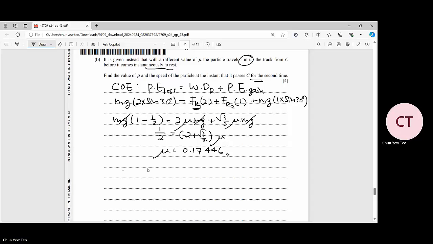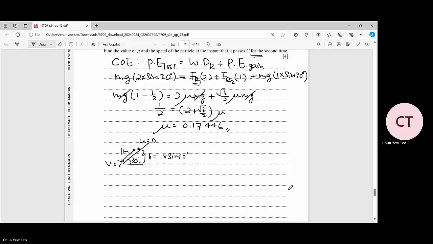Because I am moving down here, this is the 1 meter, so the height is still 1 multiplied by sin 30.